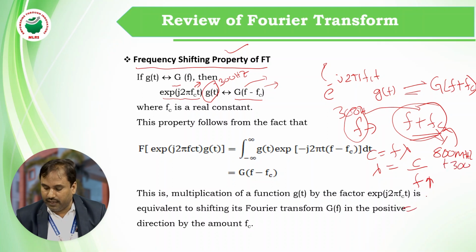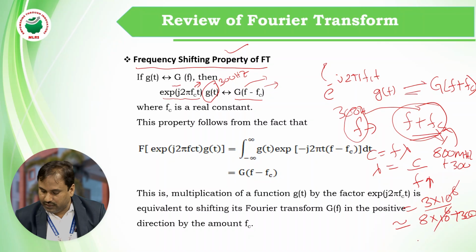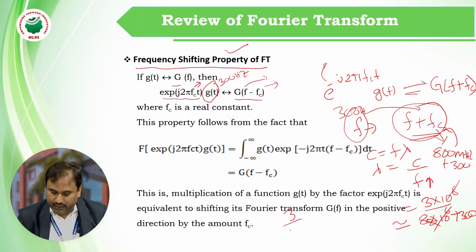So c by f, where c is 3 into 10 power 8 and 800 mega is 8 into 10 power 8 plus 300. The 10 power 8 terms cancel, and finally you get almost 3 by 8 meters.